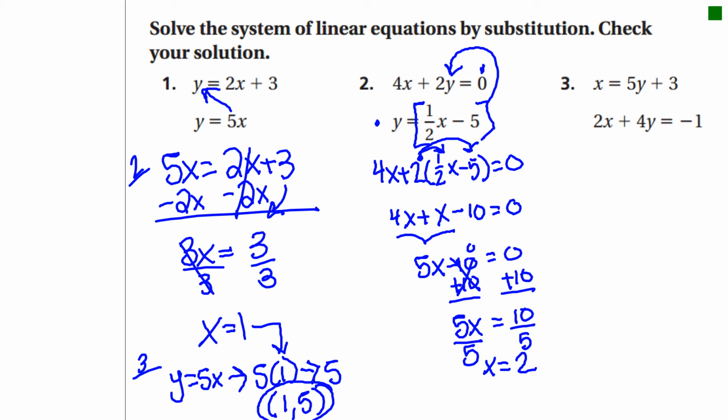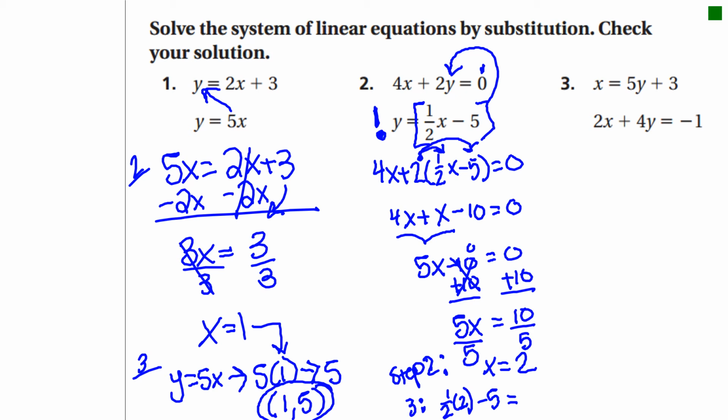Not done. Now we're going to plug in 2. This is step 2, the finish of step 2. Now we're going to plug in x to our equation we substituted, so this equation right here, to solve for y. I'm going to have 1/2 times 2, this is step 3, 1/2 times 2 minus 5. What's half of 2?